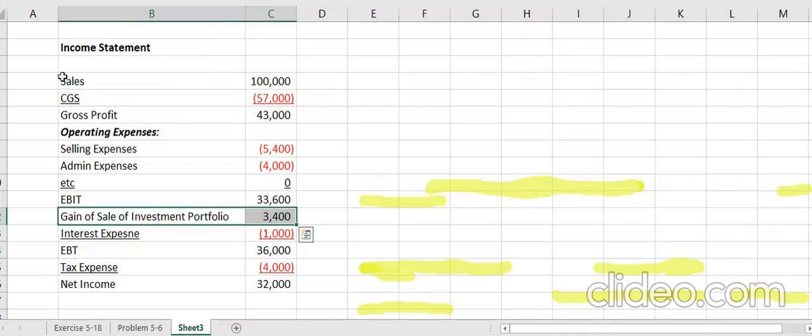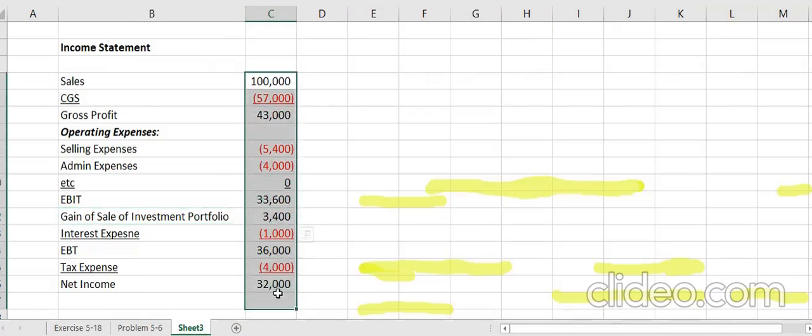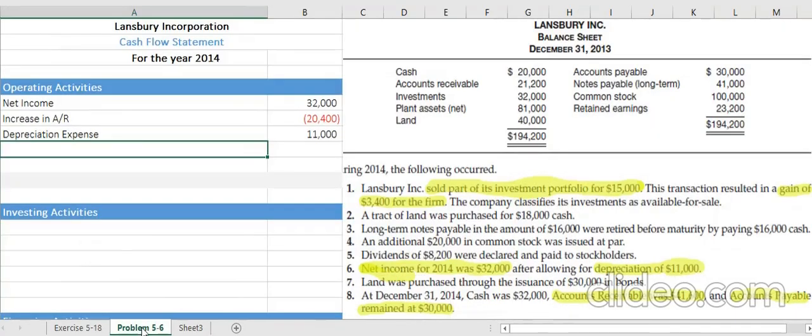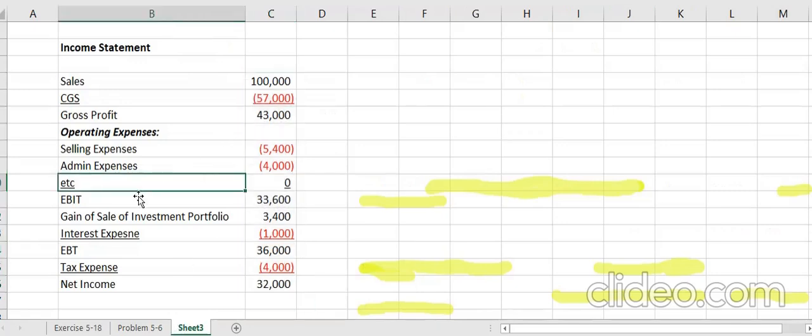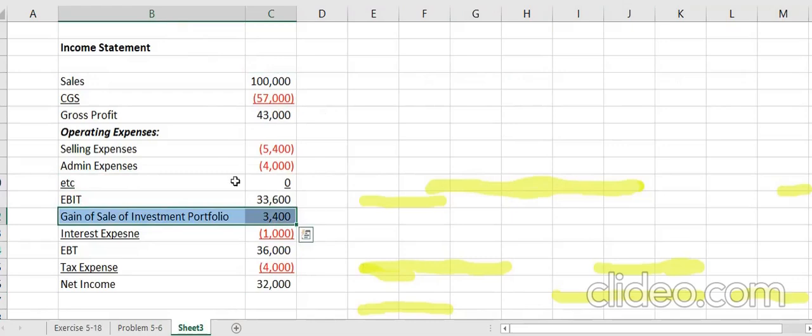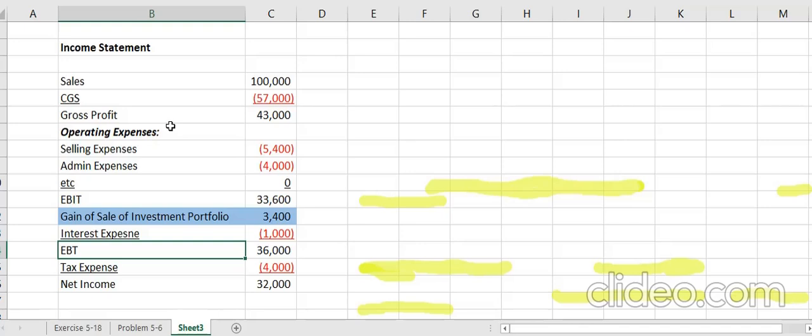Ladies and gentlemen, this is a fake example. These figures are not related to the company for which we are preparing the cash flow statement, except my gain on sale of investment portfolio. This is the figure I have taken because I wanted to explain how the 3,400 is used.